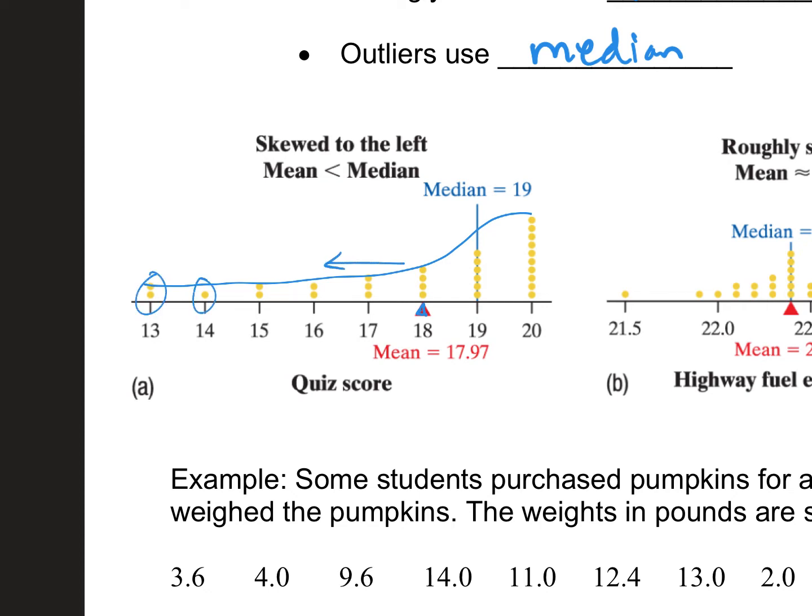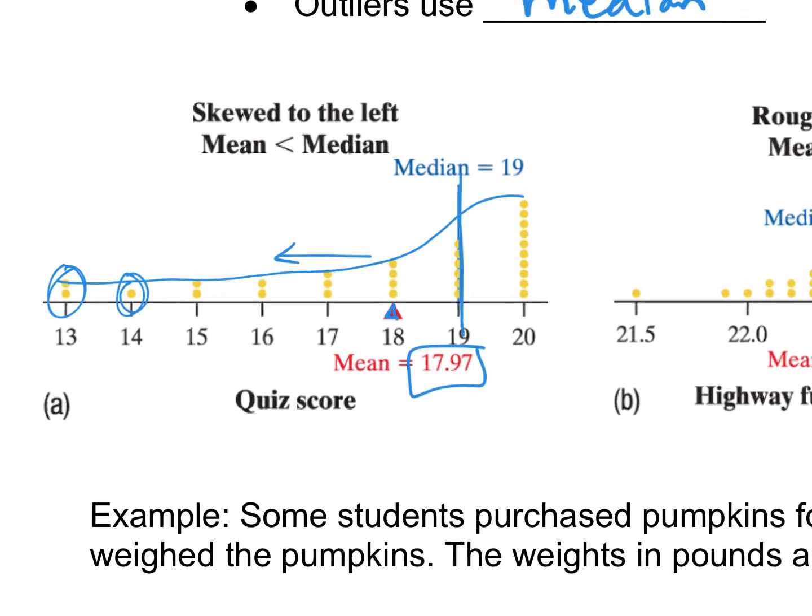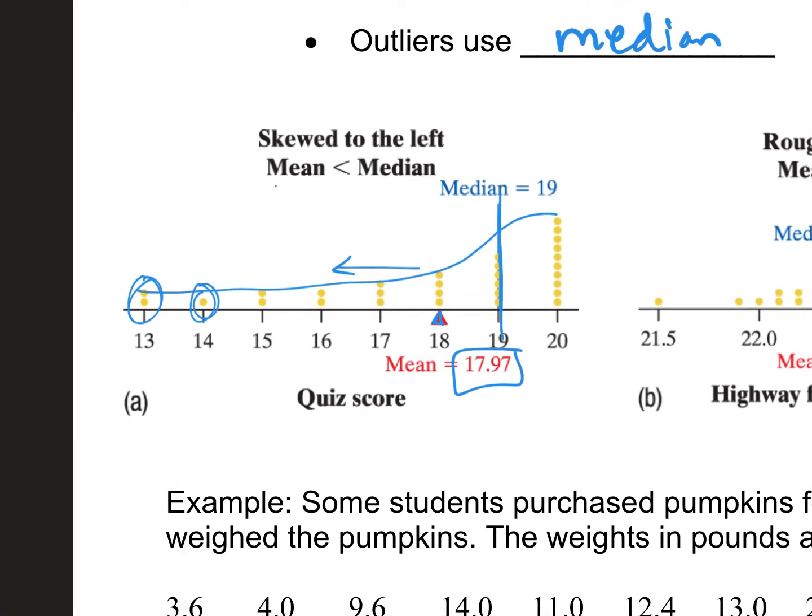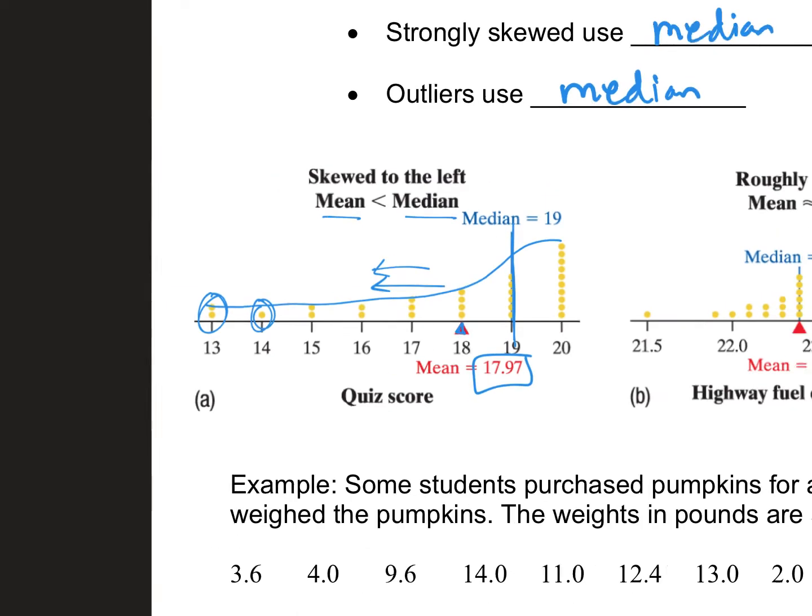The median is right here at 19, and that would be a better number to use. What's the typical amount that they scored on this quiz? We wouldn't want to talk about the average because there are some low outliers down here. We would talk about the median. So here the mean is less than the median. When we have a skewed to the left, then the mean gets pulled to the left.